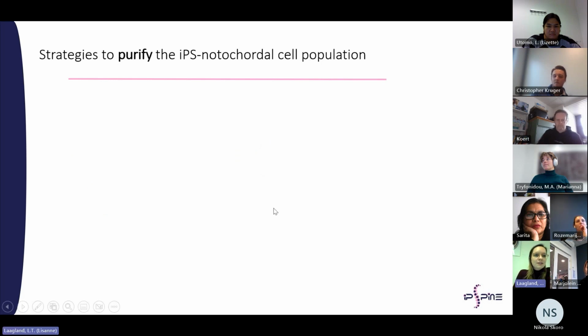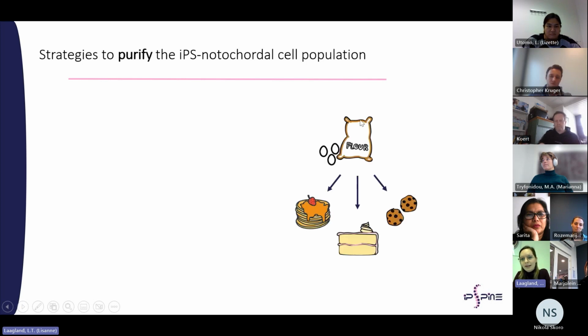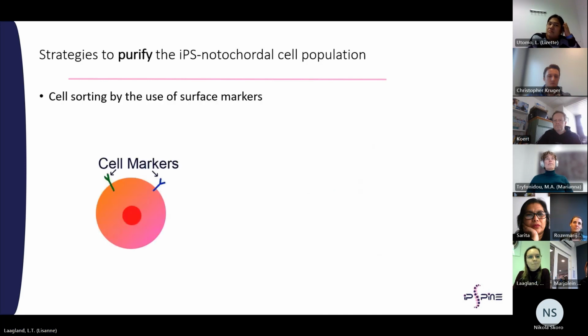Another approach would be to actually purify the notochordal cell population that we have in the end. So instead of, if you want to bake a cake, you focus on improving the recipe, you could also, in the end, just get rid of the pancakes and the cookies. And this we could actually do by a technique called cell sorting. We can do this by making use of cell surface markers.